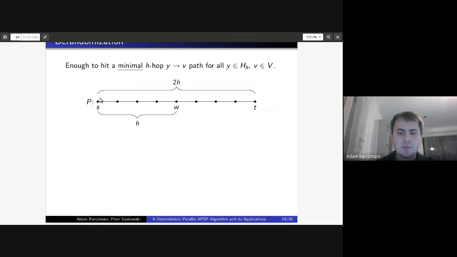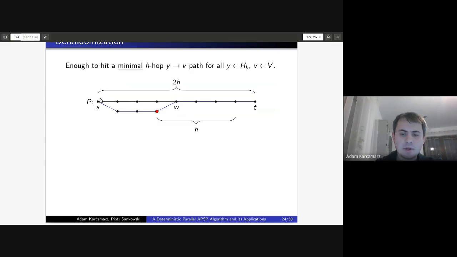Since the whole path is minimal, so is its prefix from S to W. And by the definition of an H hub set, some minimal S to W path is hit by a vertex Y from the H hub set.